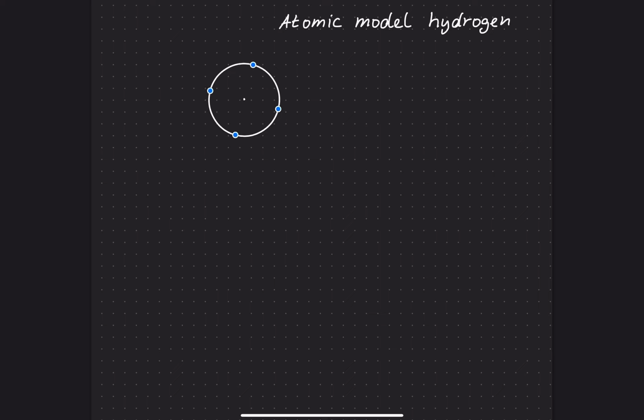For hydrogen, the atomic model looks something like this.